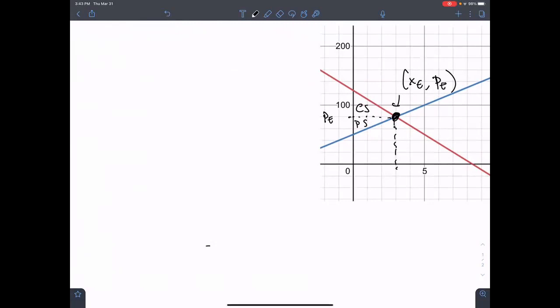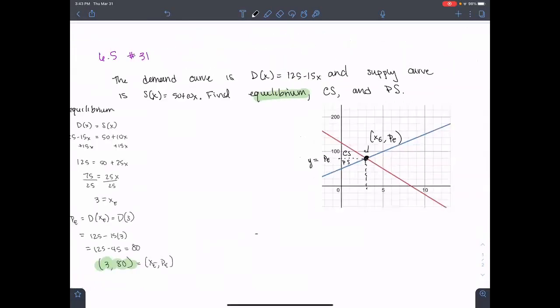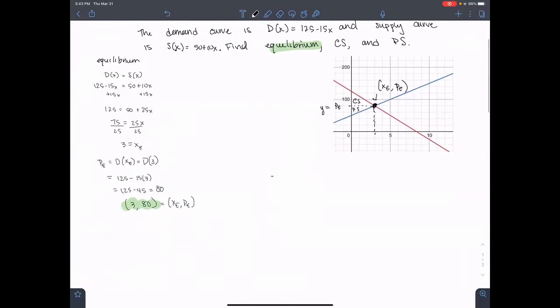That is y equals p sub e. So to do the consumer surplus, I'm going to try to fit this in here so we can see everything.